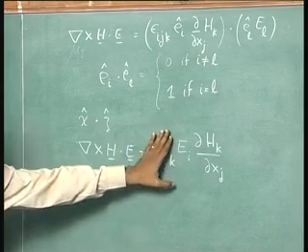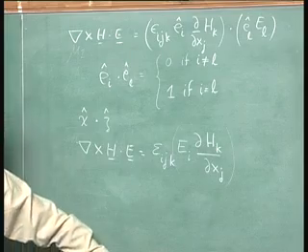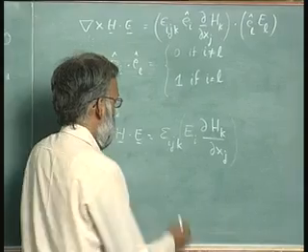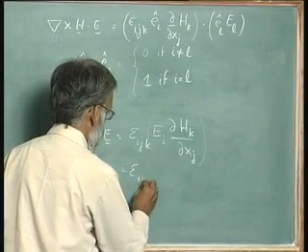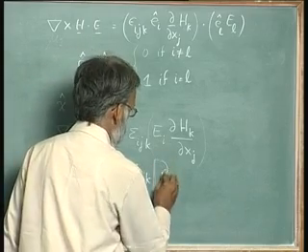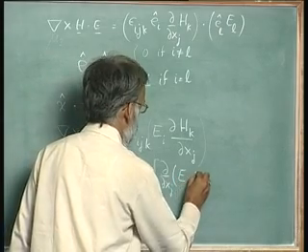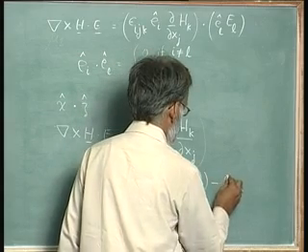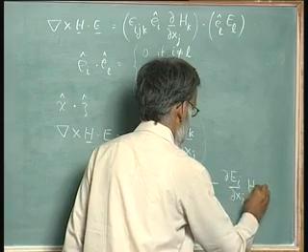Now, forget this epsilon I j k. If I only look at this piece, I can apply my differentiation rules. I can say that this is equal to epsilon I j k times del del x j of E I H k minus del E I del x j times H k.